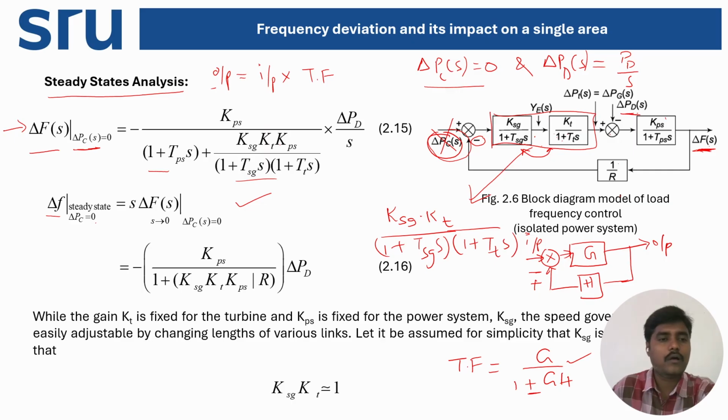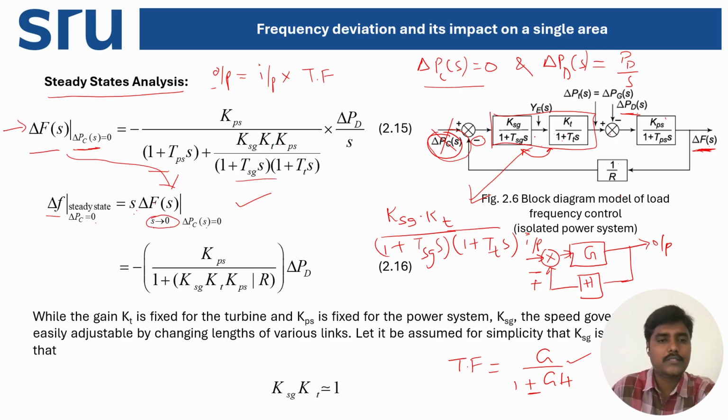It is given by the formula s into delta f of s, where s tends to 0 and provided delta PC of s is equal to 0. So once you substitute this delta f of s here and apply this formula, this 1 by s is there already in delta f of s, and here we are multiplying with s, so the two s terms will get cancelled, and at the same time you have to substitute s is equal to 0 here.